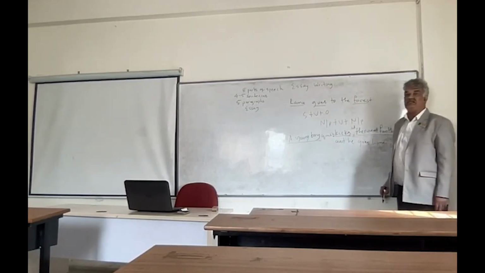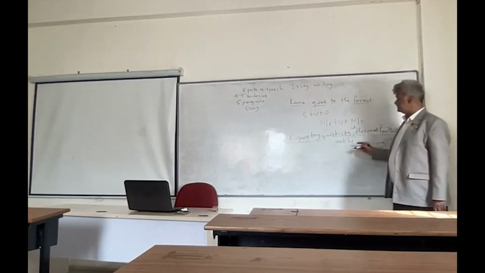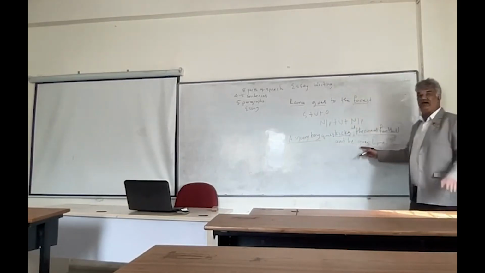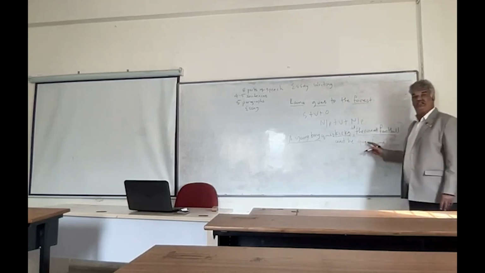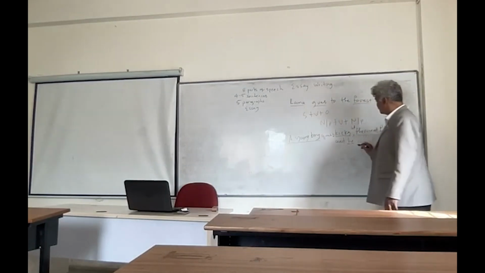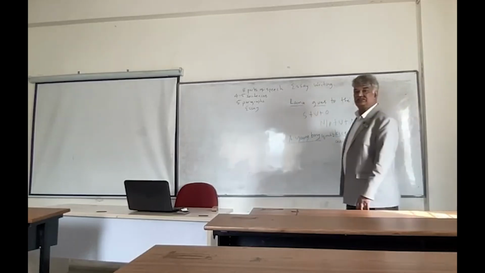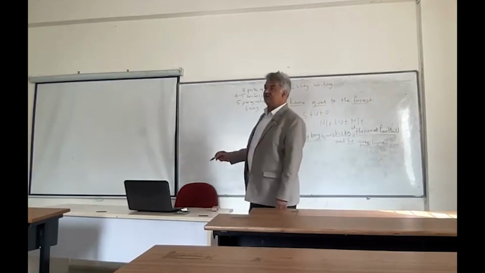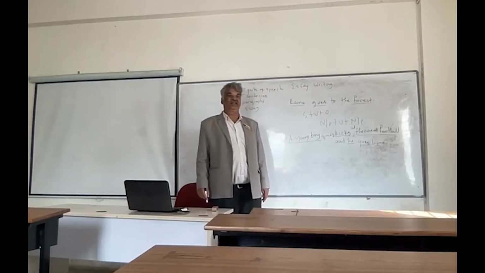You have a sentence, then you have a conjunction, then one more part of the sentence, and it has what? Pronoun, verb and noun. Okay. So you see, now what are we saying?